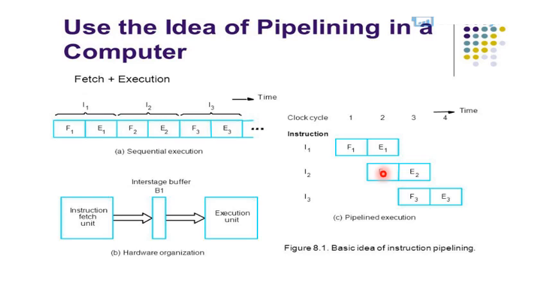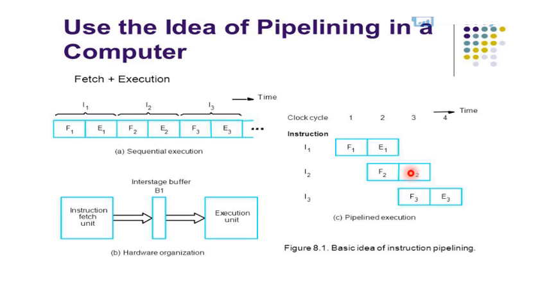Meanwhile, the execution unit performs the operation specified by the instruction I1, which is available to it in buffer B1. By the end of the second clock cycle, the execution of I1 is completed and the instruction I2 is available. Instruction I2 is stored in B1, replacing I1, which is no longer needed.